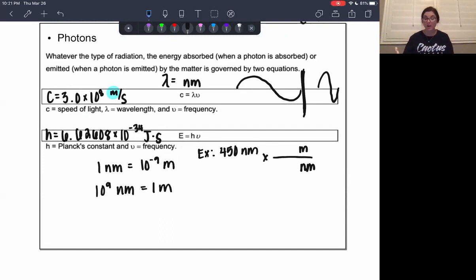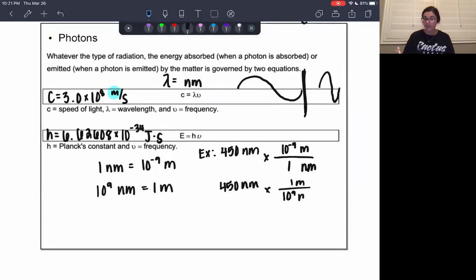Whether I choose 10 to the negative 9th meters for every 1 nanometer, or the other conversion factor, 1 meter is the same thing as 10 to the 9th nanometers, these are two mathematically equivalent fractions.